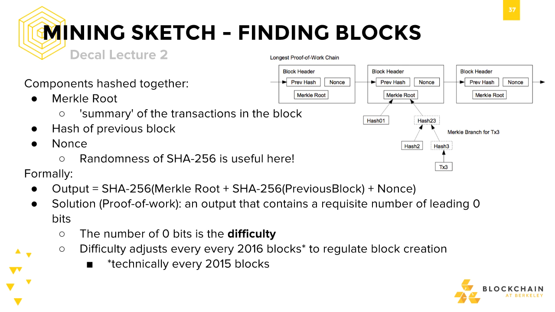That number of zeros is determined by the difficulty in the network. So you repeatedly increment the nonce and check the hash to see if it satisfies the solution. Once you find a combination of Merkle root, previous block hash, and nonce that has the requisite number of zeros, you've found a valid block, and you can broadcast this block to the rest of the network.